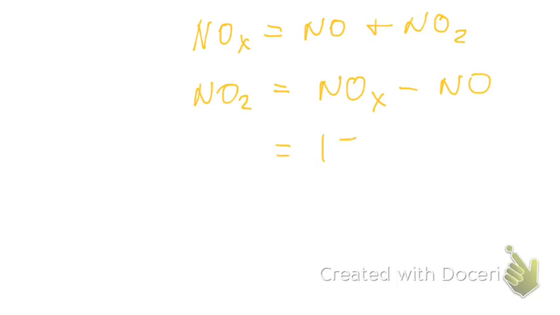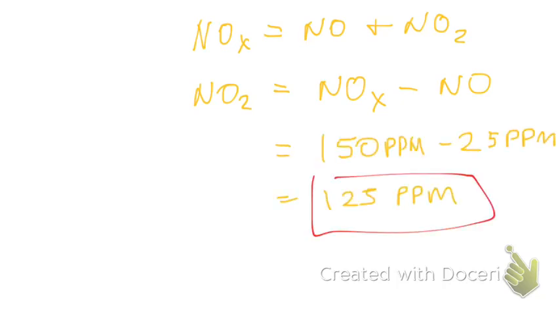I just wanted to show you the manipulated equation. If we want to calculate this NO2 value, the one that we're not actually measuring, because we are only measuring this value and this value right here, we can manipulate the equation and solve for the NO2. So in the end, we can figure out that NO2 measurement by using some simple math.